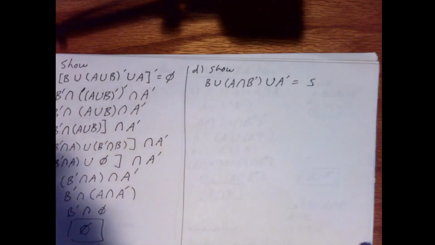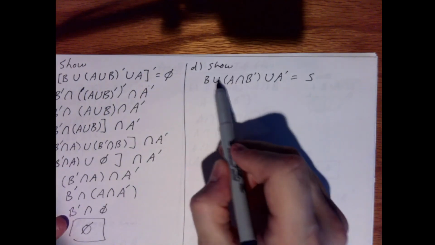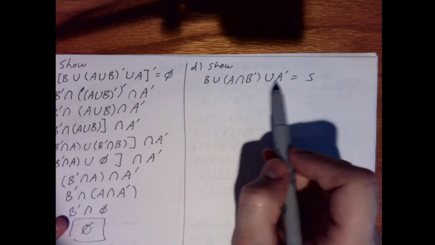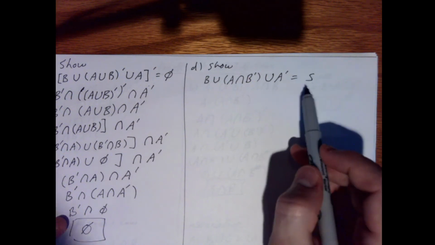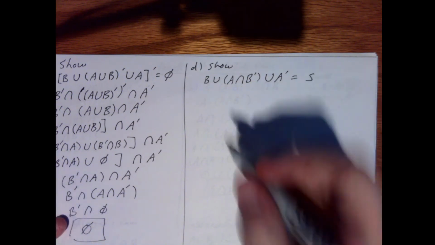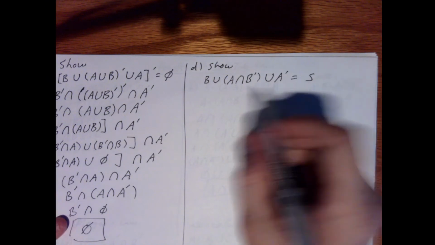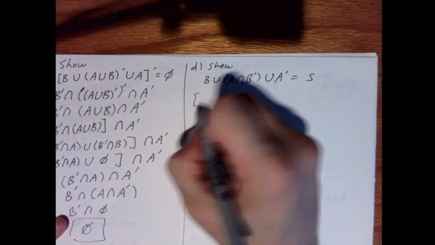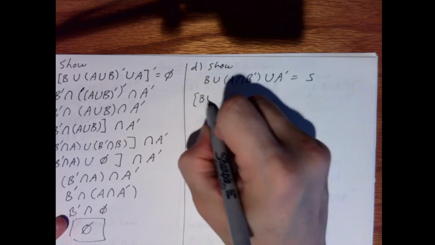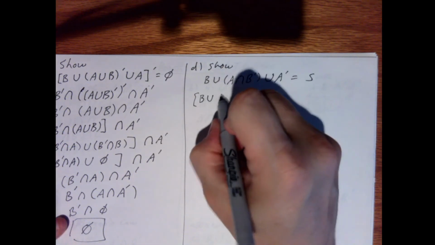So now we'll have the union of B with this expression with the complement of A, and we'll show all this together is the universe of discourse, which we write as S. So I'm going to use the distributive property. Or first I'm going to regroup to make it more clear.